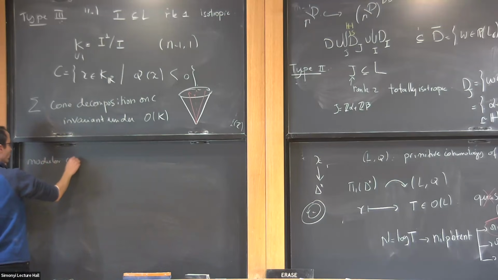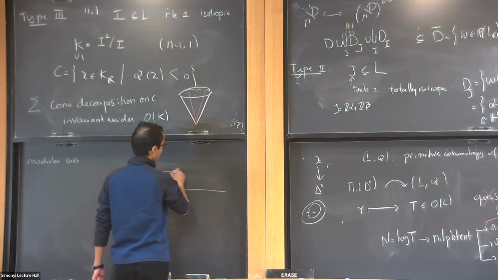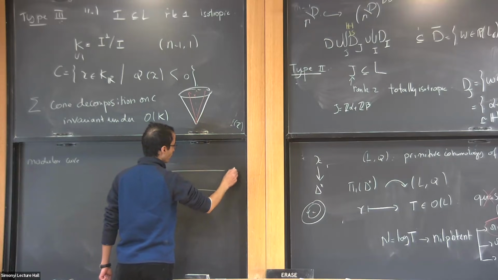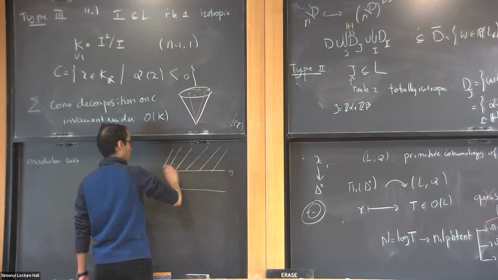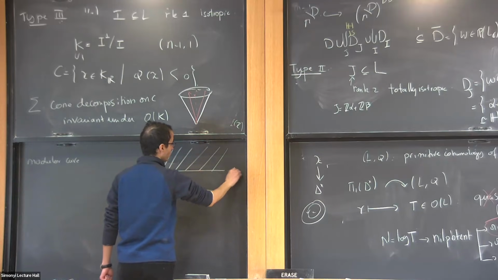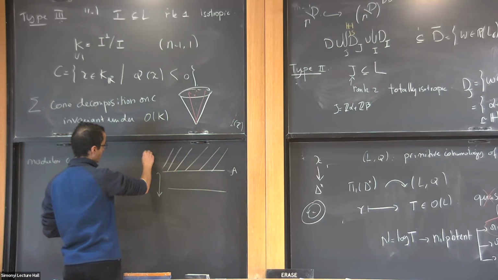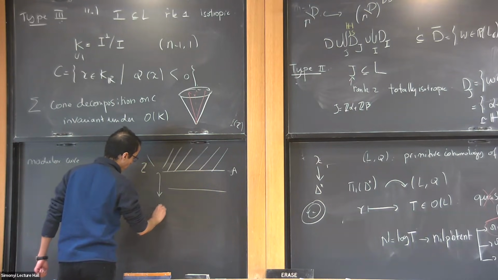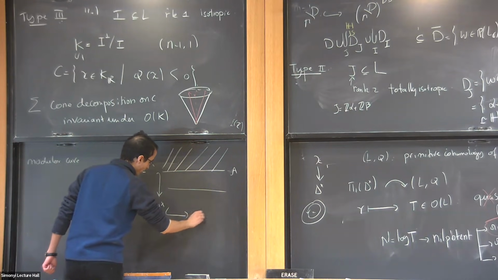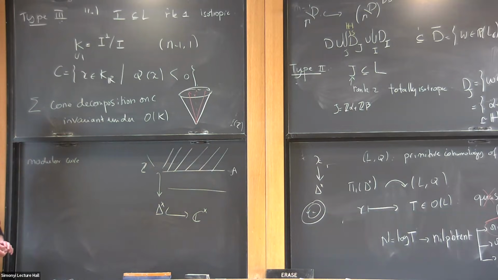When you want to compactify the modular curve, if you choose an imaginary part of y big enough, bigger than a certain range A, this piece here, when you quotient by Z, you can embed into a punctured disk, which itself can be embedded into a C star.